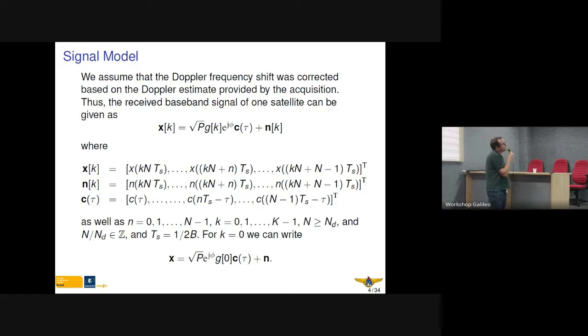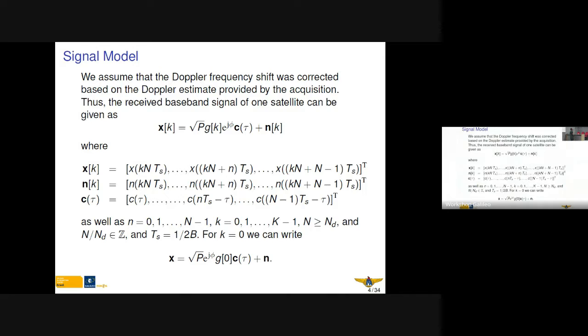Then in the signal model, we could correct that already. Then in the remaining signal model x of k, we still have a phase term, which could also be changing over k. I put it here first constant over time. And again, c of tau, which is the sampled and delayed version of the pseudo-random sequence, the noise vector n, and again we are assuming that we're sampling with a duration of Ts equal to 1 over 2B.